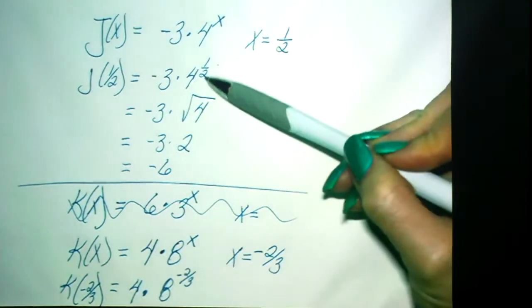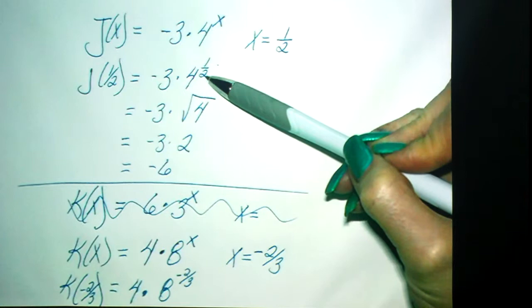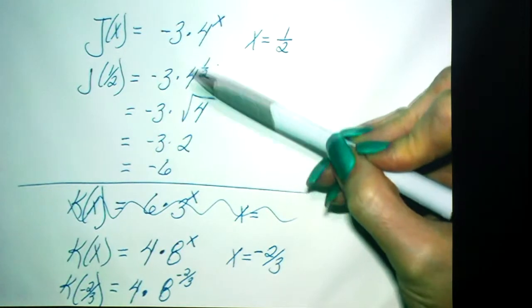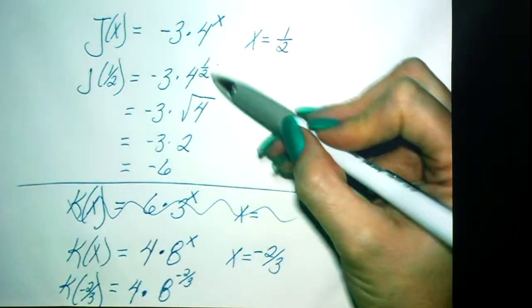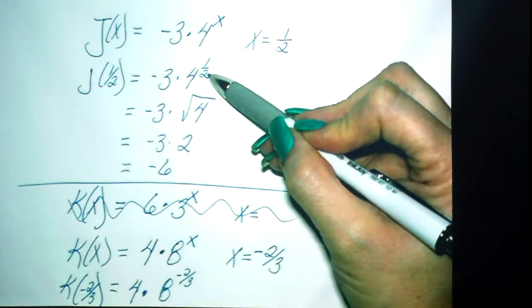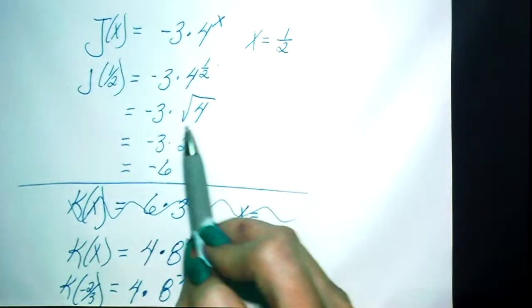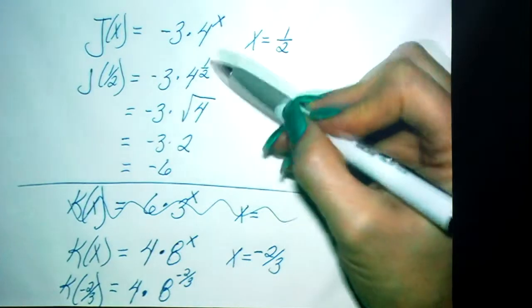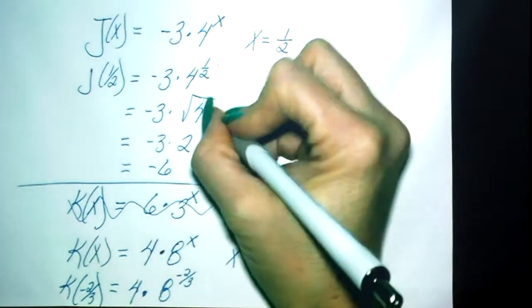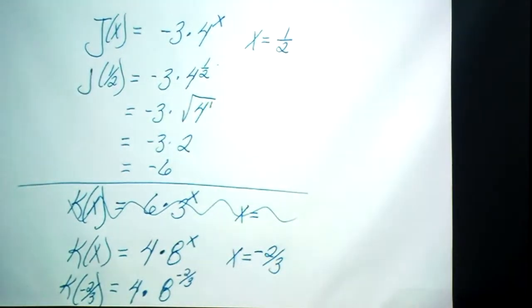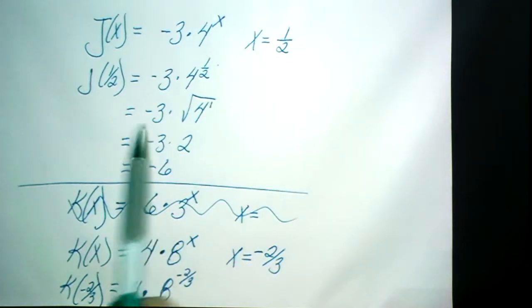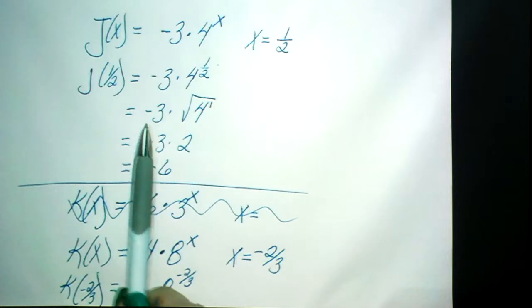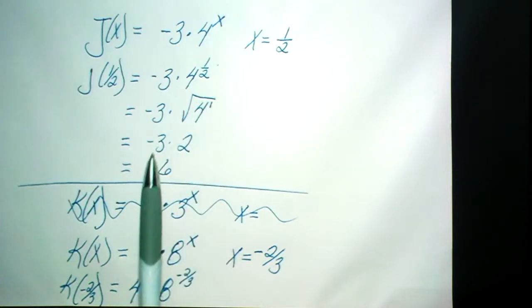You recall, the number on the bottom is what root you are taking of this base. So since it's a 2, we are actually finding the square root of 4. The number on top is the exponent, so this is actually 4 to the first power, which we don't necessarily have to write. So then we actually do some math here. We have negative 3 times the square root of 4, which is negative 3 times 2, which gives us negative 6.